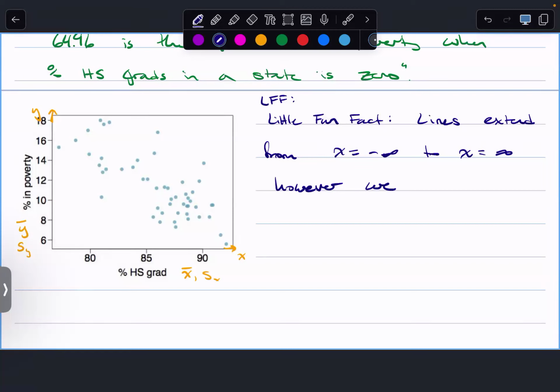However, we will only have reliable estimates from this line if we're using values of X that are in our data. Okay.